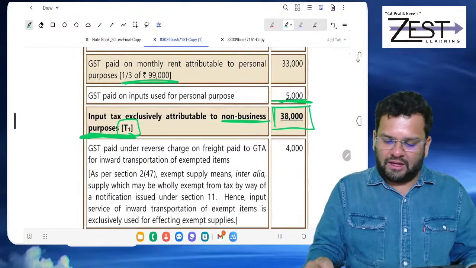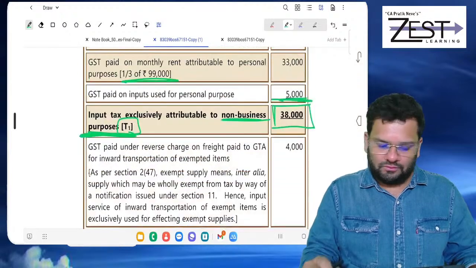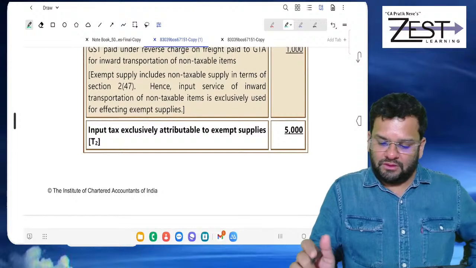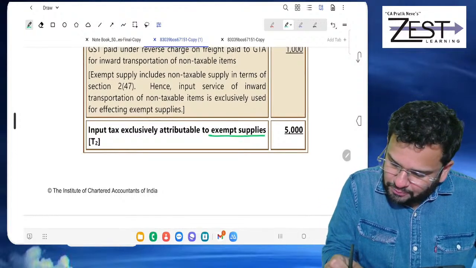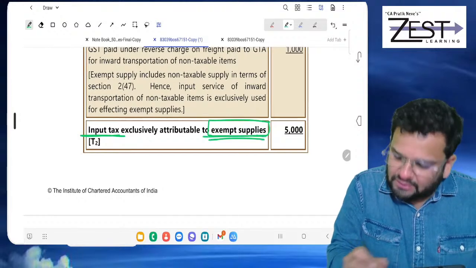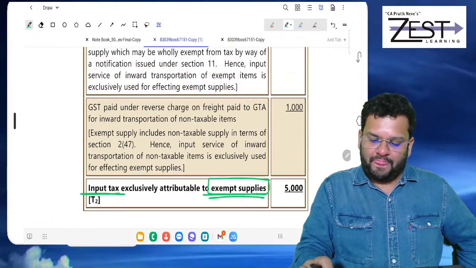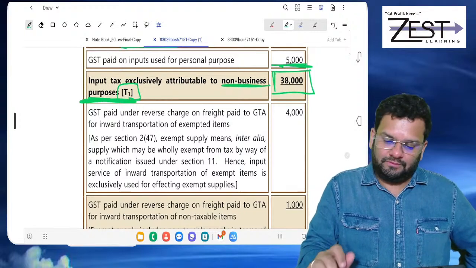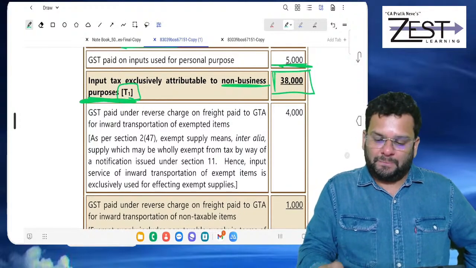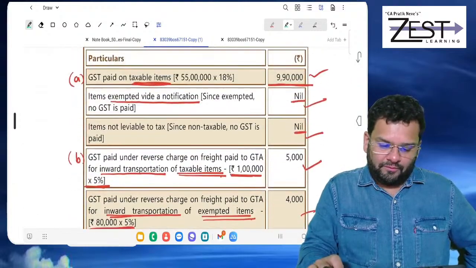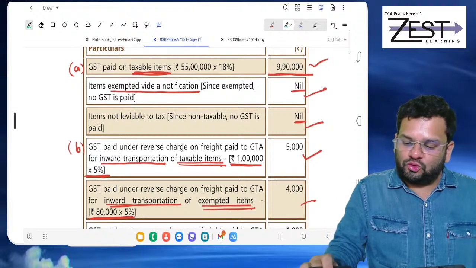Now, can I go to T2? If all of you are done, I will go to T2. T2 means input tax attributable for exempt supplies. So can I go surely to T2? So what is there in T2 now? First tell me, can I go to T2?